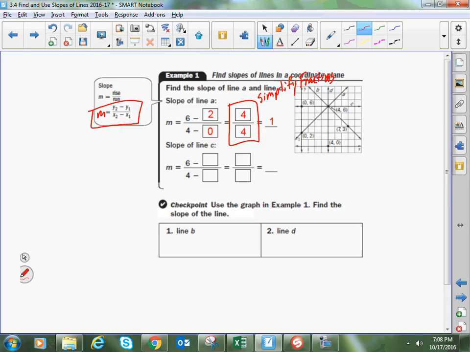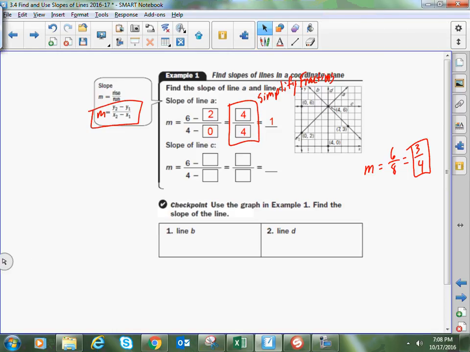So for instance, let's say you're working out slope, and it works out to be 6 over 8. I would not accept 6 over 8 as an answer unless you simplified it to 3/4. Okay, just keep that in mind. If you can simplify a fraction, I will expect you to simplify it.